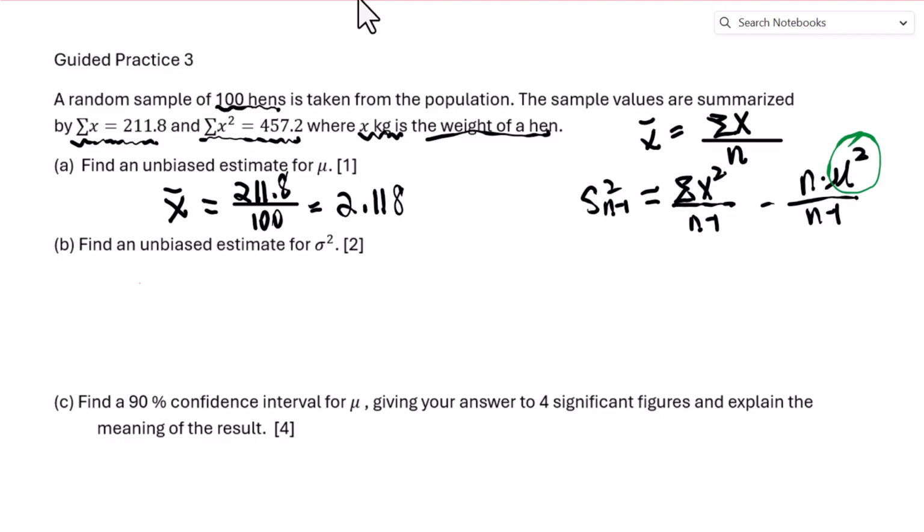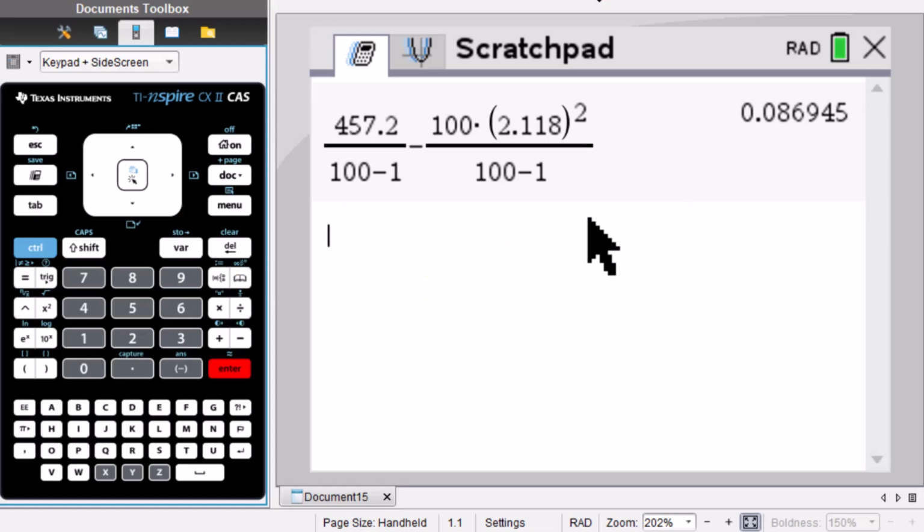So S sub n minus 1 squared equals, doing the substitution, 457.2 over 99 minus 100 times 2.118 squared over 99, equals 0.086945.